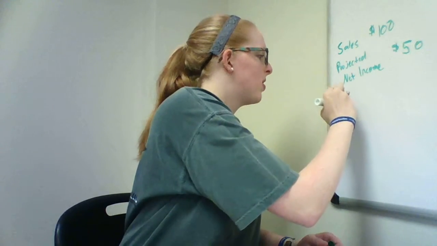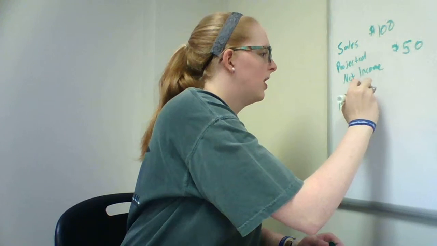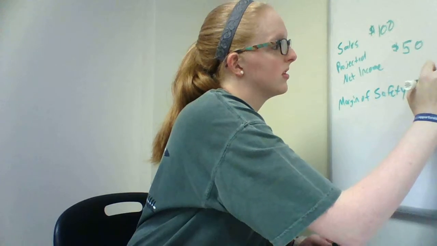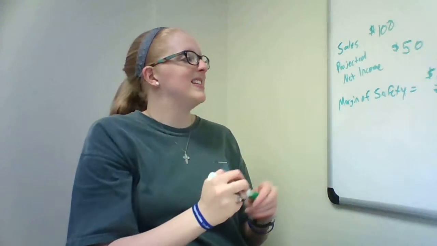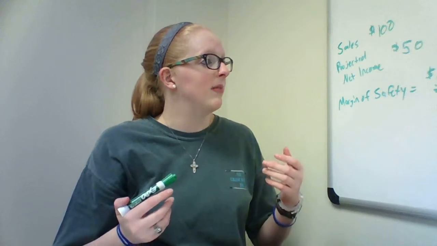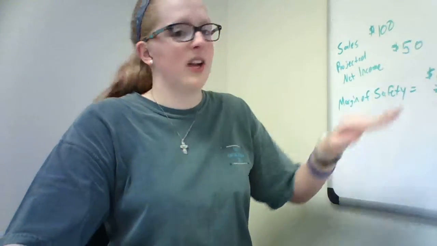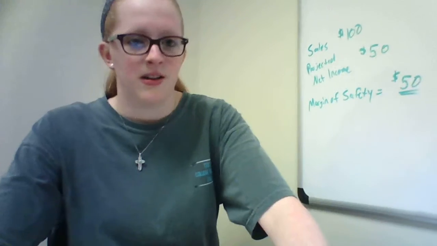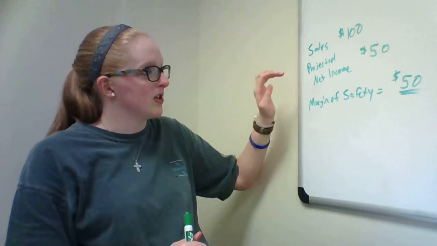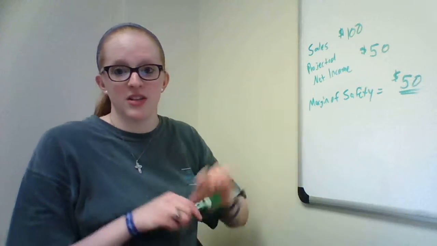We have a margin of safety equals $50. What that means is, instead of breaking completely even, you want $50 of net income. I just realized you can't see that. There we go. So sales, your projected net income, and your margin of safety.